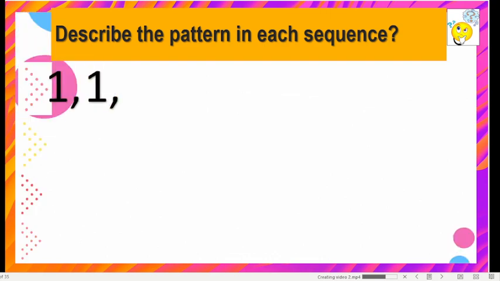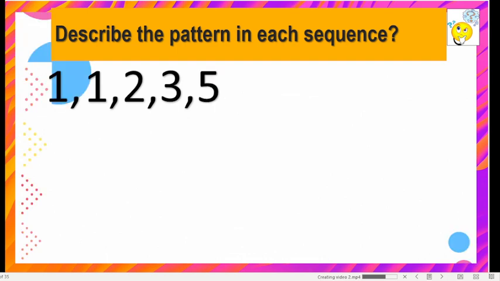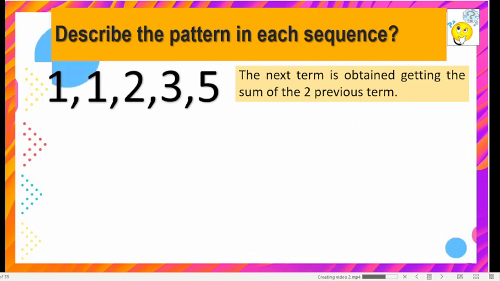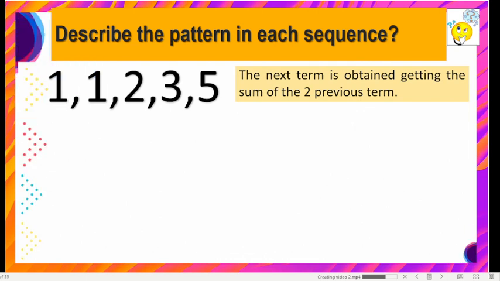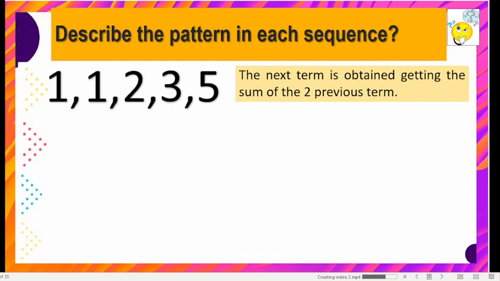Next, 1, 1, 2, 3, 5. What have you noticed? The next term is obtained by getting the sum of the two previous terms. Therefore, the next term is 8. That's good because the sum of 3 and 5 is 8.